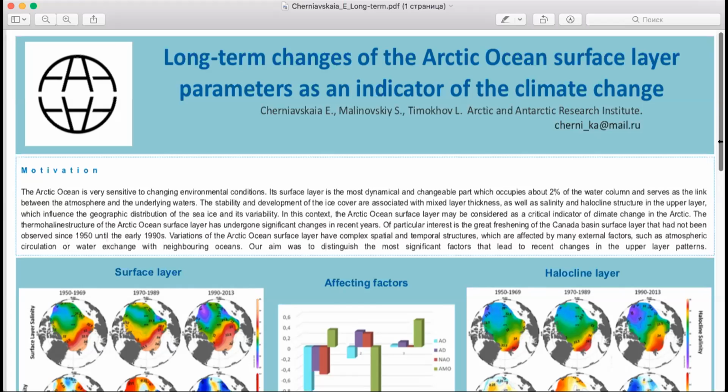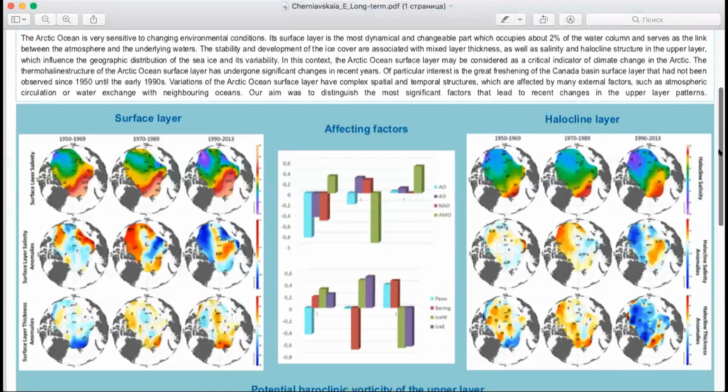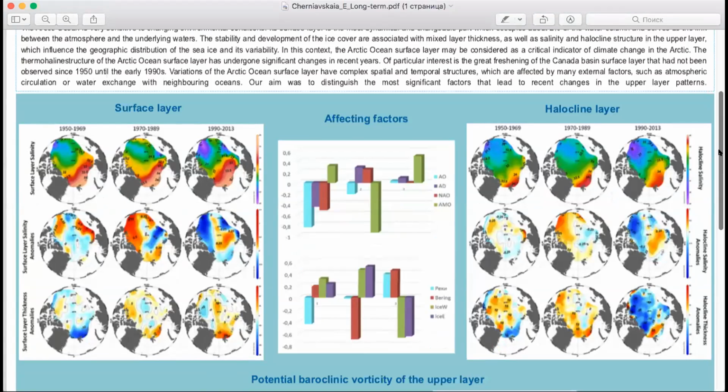It's also known that stability and development of the ice cover are closely associated with the thermohaline properties of the upper ocean, such as the depth of the mixed layer and the depth of the halocline. We used historic oceanographic data since the 1950s to calculate salinity and thickness of the mixed layer and halocline layer.